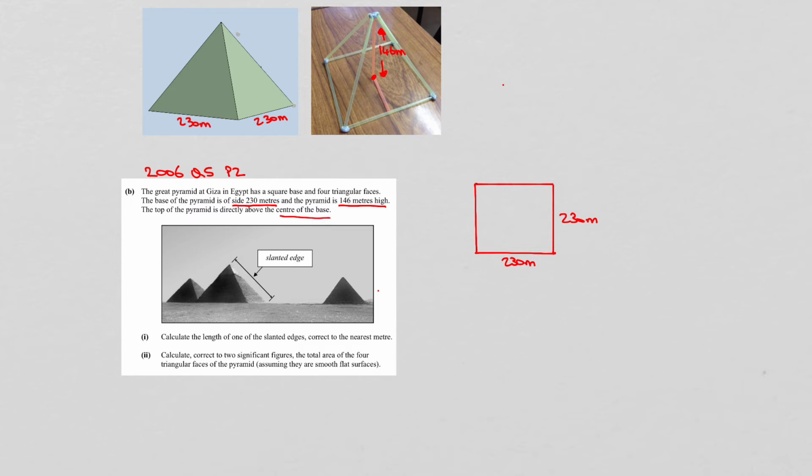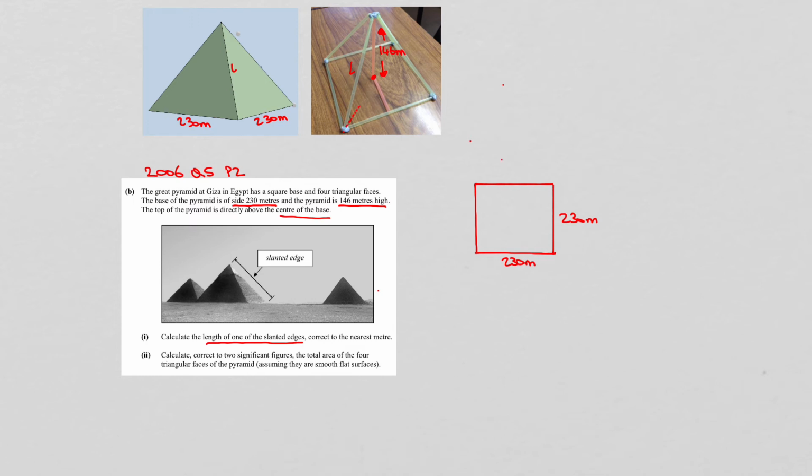The first thing it wants us to do is find the length of one of the slanted edges, and the slanted edge is marked on that pyramid itself. We're looking for the slanted edge here, so we could call it L for the slanted length. If I look at the straws, that's the green straw there. What we want to do is see a right angle triangle.